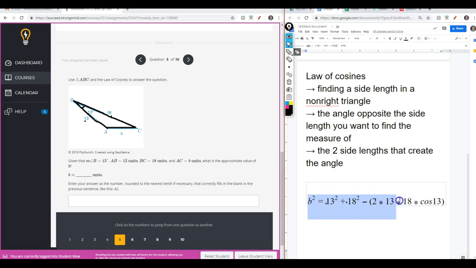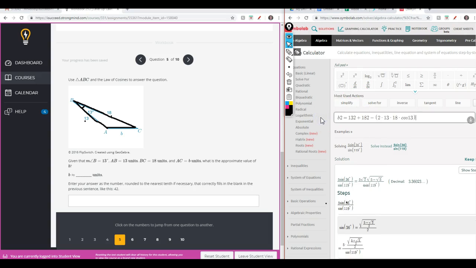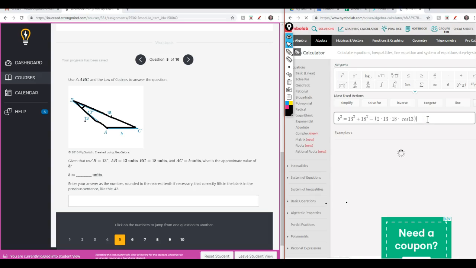And then I would just copy this and paste it into our symbol lab. Okay, this didn't keep the squares, which is an easy fix. You just make sure that those twos are deleted and that they are squared. Alright, and then this will show us.